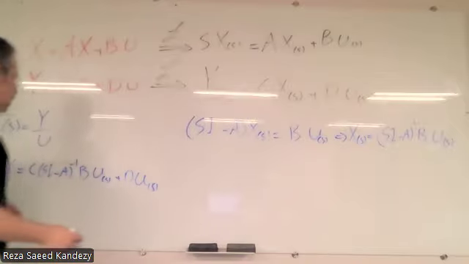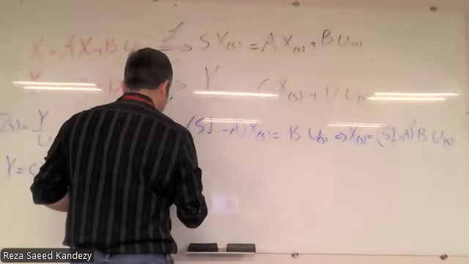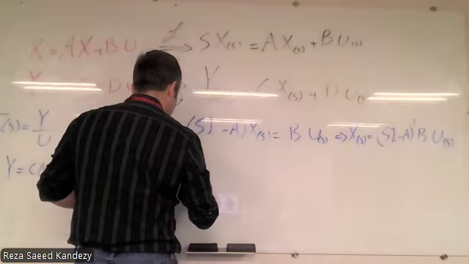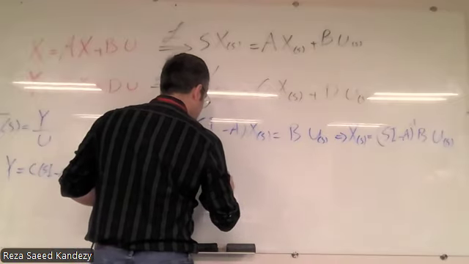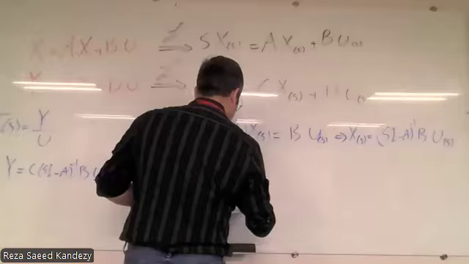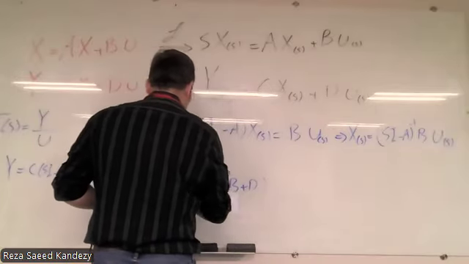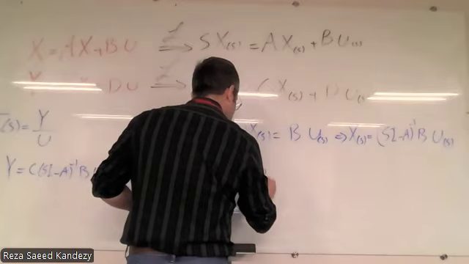So we can factorize the u. So it's going to be C sI minus A inverse B plus D, all of it times the input.